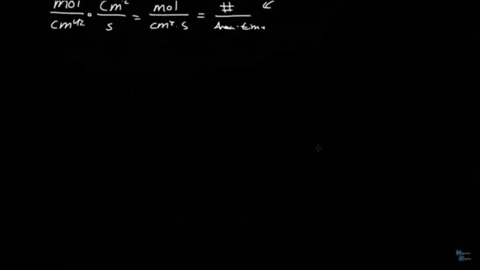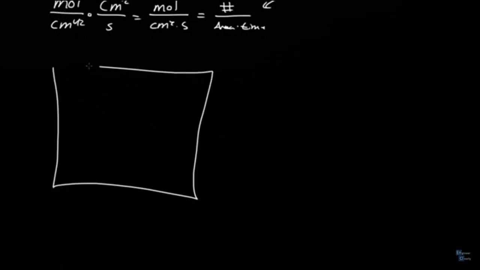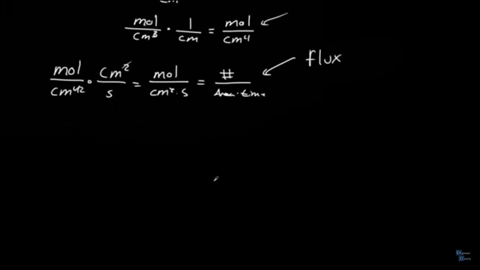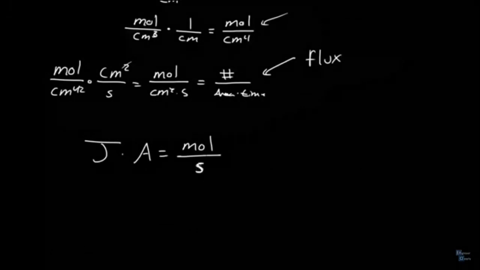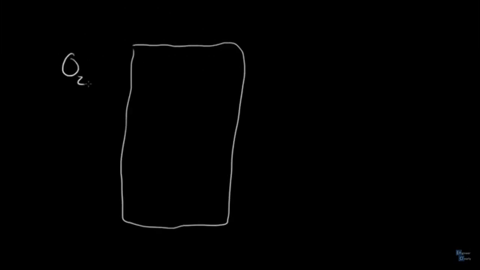So what if we wanted to know how many ions were traveling through this area? Well, what you would do is multiply the flux, J, times the area, and that would get you the number of things, or the moles per second. So if you maybe had a bag of chips, you had oxygen, and you knew what the flux of oxygen into the bag was, but that's just a small area.